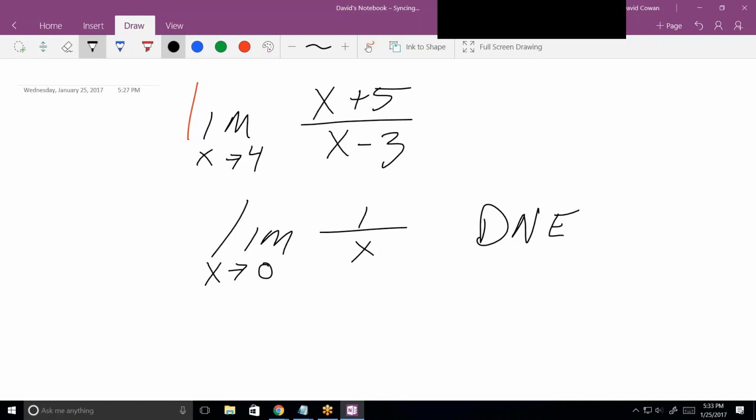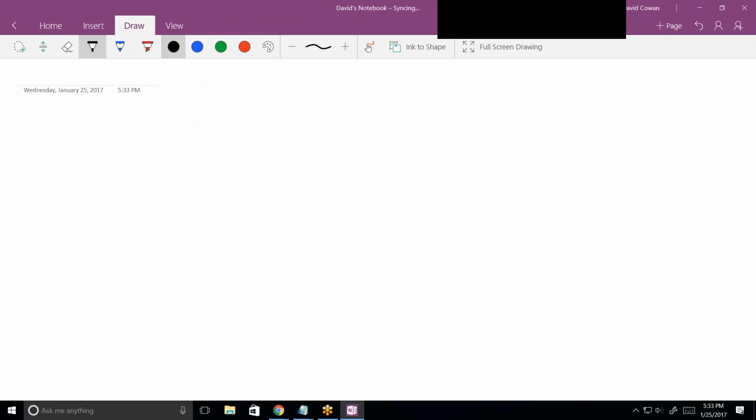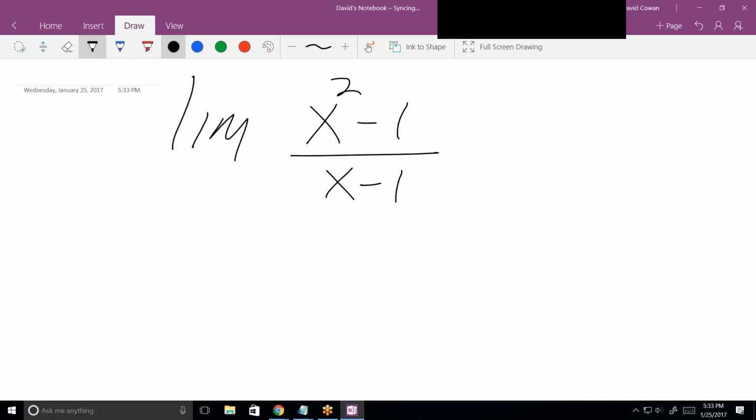All right, so you know how to do numbers over numbers. You know how to do 1 over 0. You know how to do 0 over a number. All of those are easy. The ones that are tough are 0 over 0. Take the most basic one they work with. What's the limit of that?